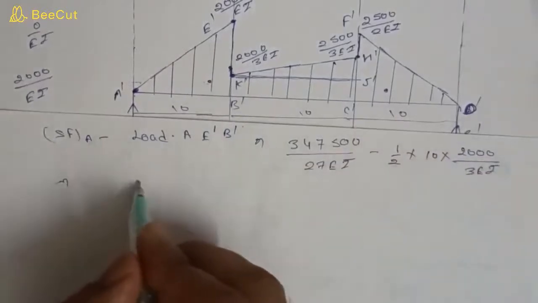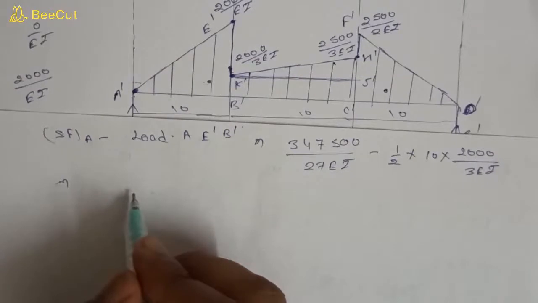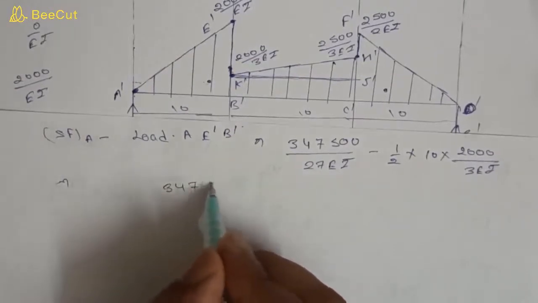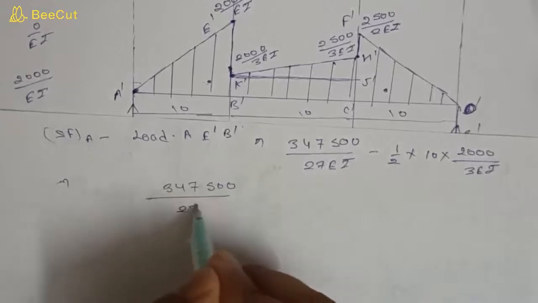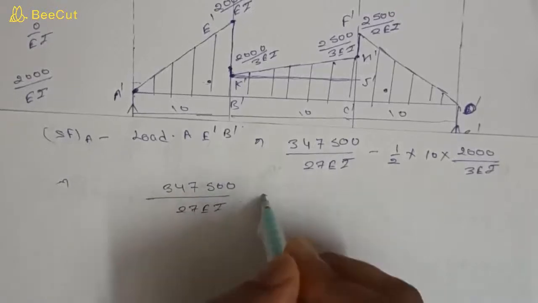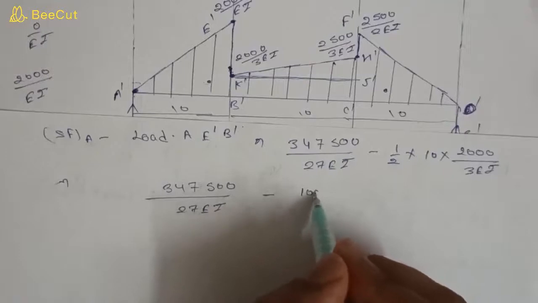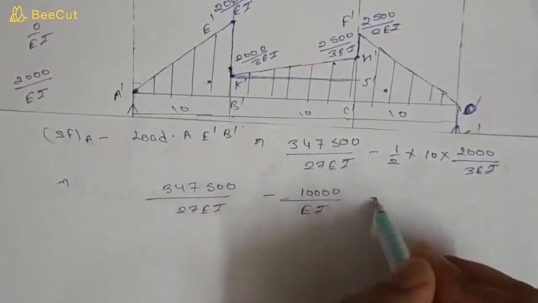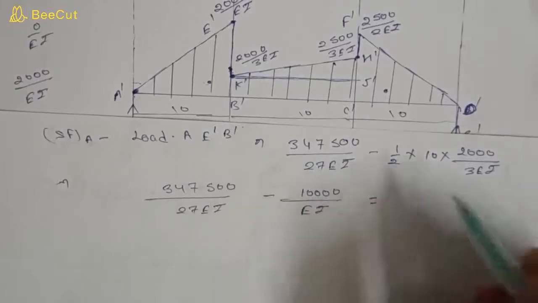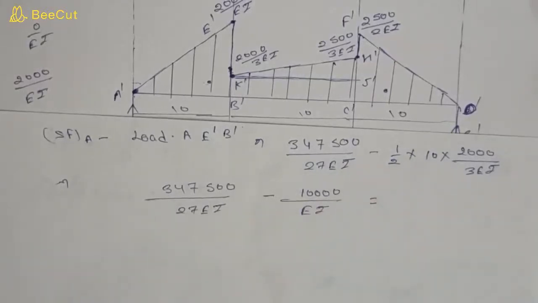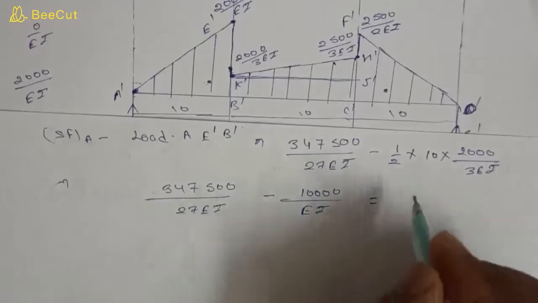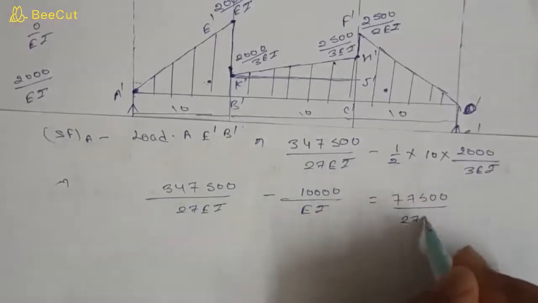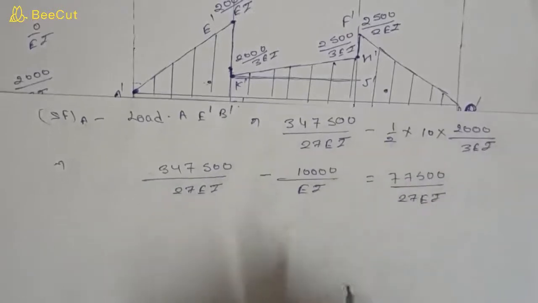So it will become 347500 upon 27 EI minus 10,000 divided by EI. So this value will become equal to 77500 upon 27 EI. So we will put the value of EI.